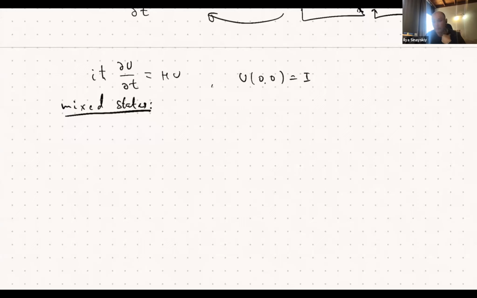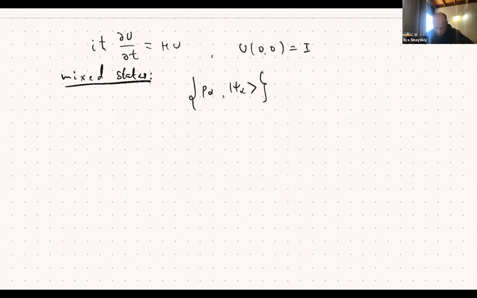You have a box, and your system in the box is prepared in some state. If this state is a pure state, described by a wave function, you're fine. But sometimes you know that with probability P alpha you have some state psi alpha, and you have a collection of states like this. And the question is, can you describe it in some way? And of course the density matrices, or statistical operators, give you a natural description.